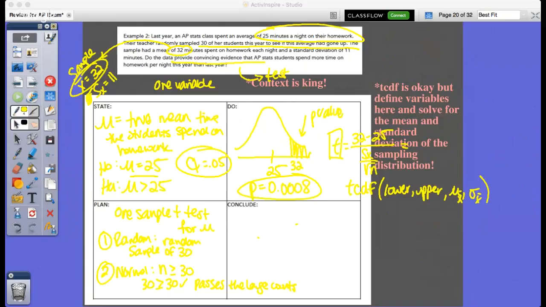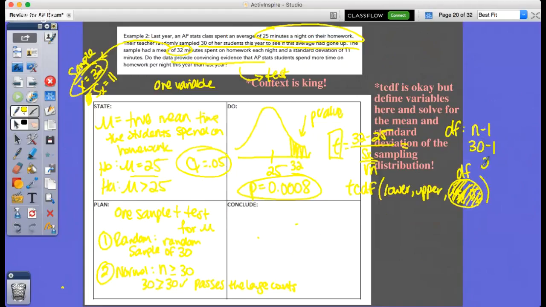Actually, I don't think you can see my screen. Right here, this is what we did with normalcdf. Well, it's built in here where we now use our degrees of freedom for our tcdf. And remember, our degrees of freedom is n minus 1, or in this case, 30 minus 1, which is 29. Okay? So 29 is our degrees of freedom.